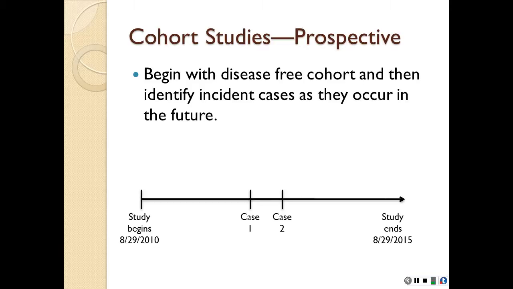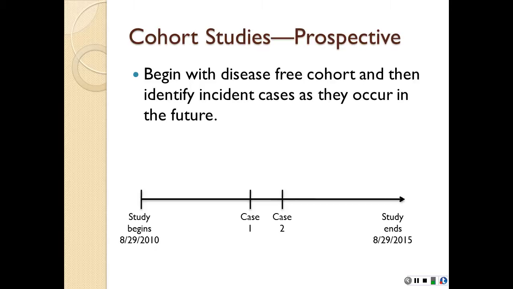So, in prospective cohort studies, and we're talking about the simplest form of the study right now, you would say, today is not 8/29/2010. You can tell when I did these slides, right? Let's say today was August 29th, 2010. We would start today, and we would identify people that are exposed and unexposed, and everybody at the start of the study would be disease-free.